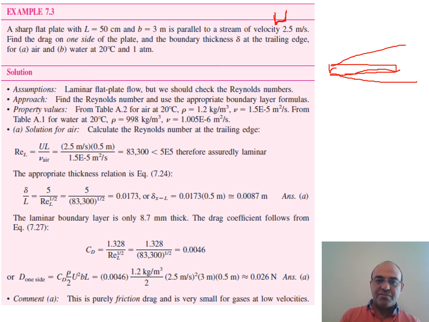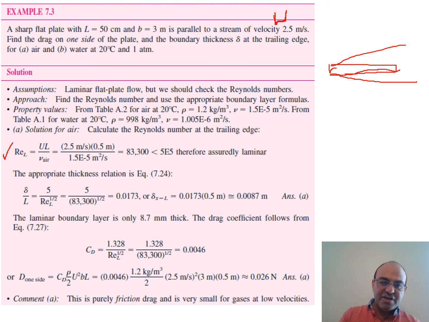Okay, so first let's calculate the Reynolds number to see whether we can use the laminar flow equations. We don't have turbulent flow equations yet, except for the beginning where we just showed the equations.